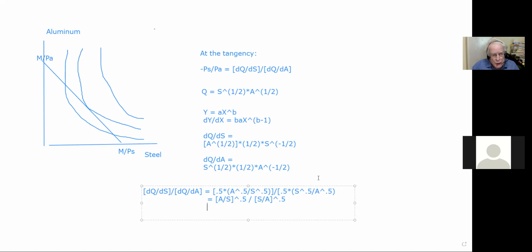So notice that we can take the inverse of the ratio in the denominator and express the inverse in the numerator. So there is the numerator once again. And now let's invert the denominator. So this is A over S to the power 0.5.